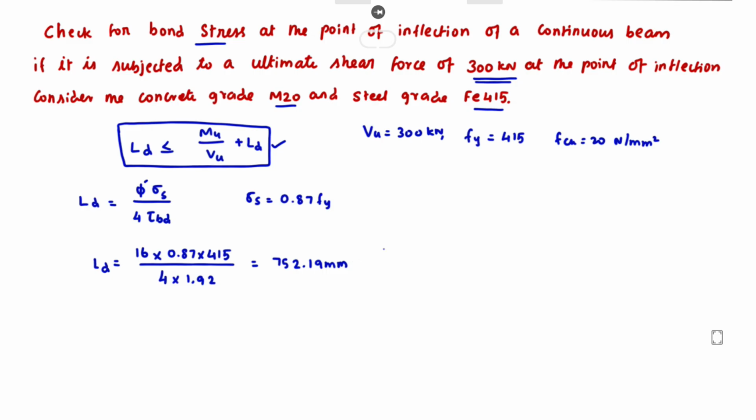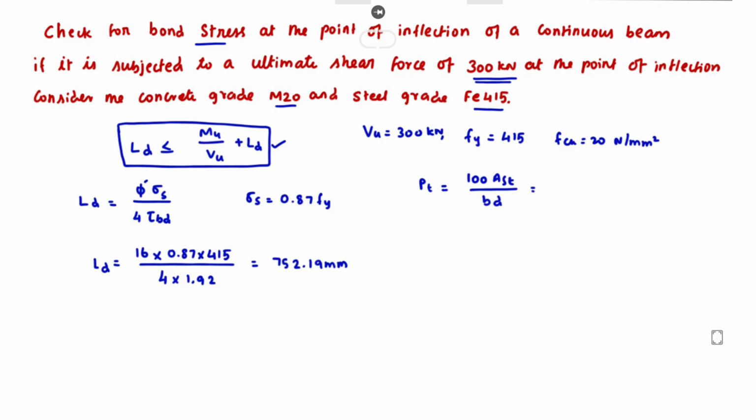Next we calculate Mu, the ultimate moment of resistance of the section. Before that we calculate pt, the percentage of tension reinforcement. pt equal to 100 Ast divided by b into d.